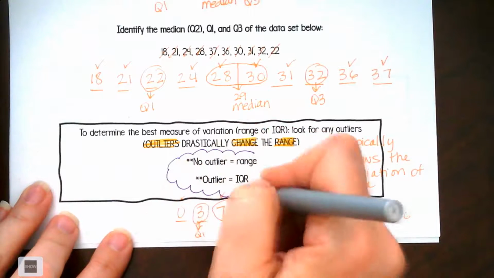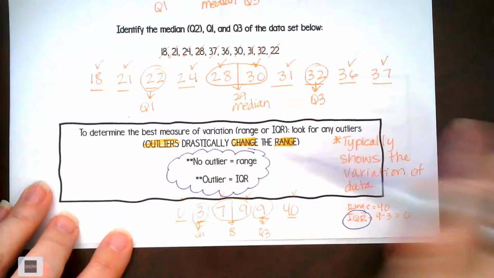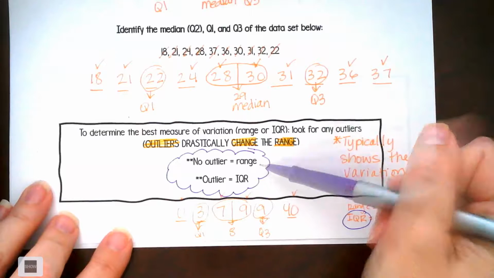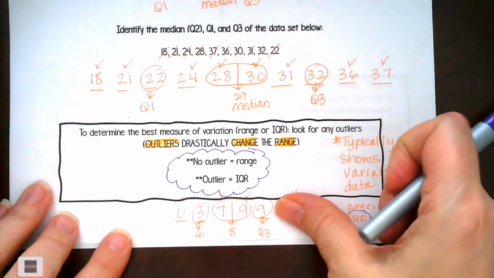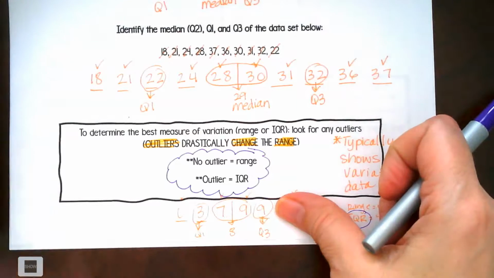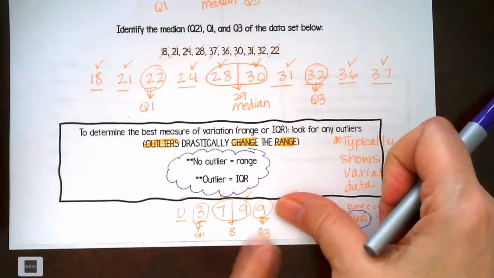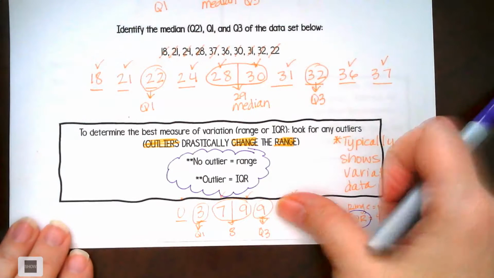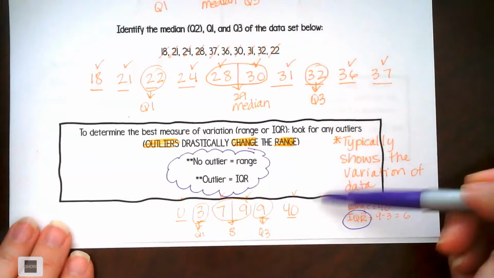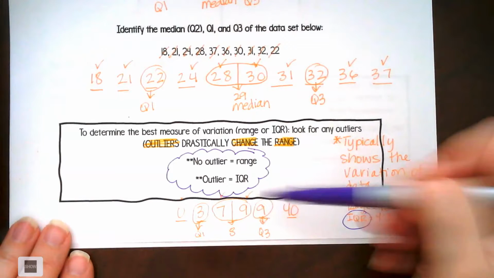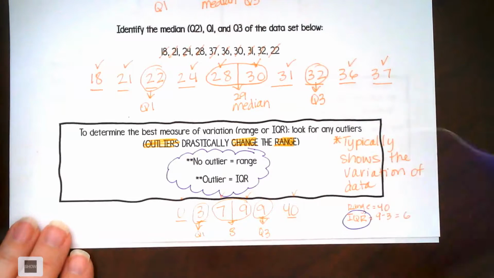When there's no outlier, you pick the range. Just like here. If I did not have this outlier, yeah, the range would be about right. It wouldn't be very spread out. But when there is an outlier, do you see how the range changes so much? That's why you would want to choose the interquartile range to describe the variability of your data.